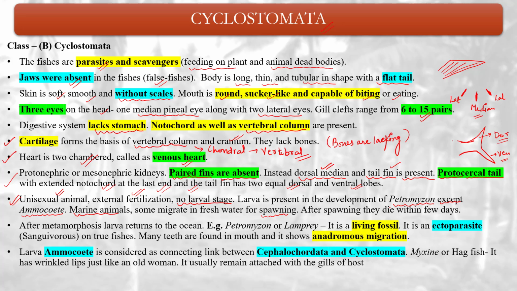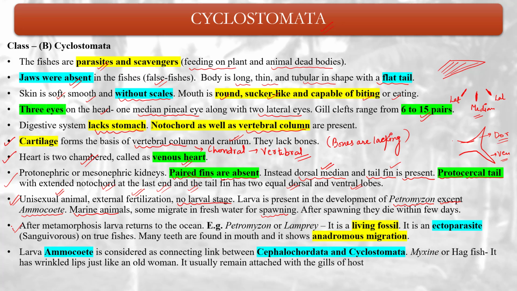They are marine animals and migrate to fresh water for spawning, and after spawning they die within a few days. After metamorphosis, the larvae return to the ocean, meaning after achieving the developmental stage.